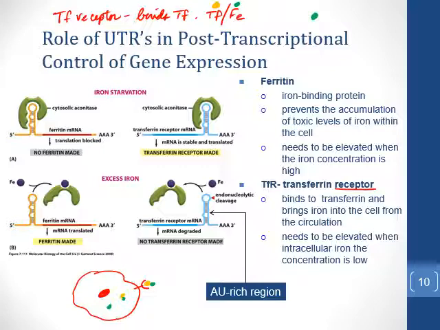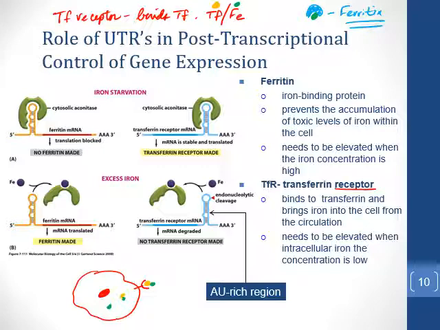Let's use this light blue thing here. This light blue protein is ferritin. Ferritin is an iron storage protein. So ferritin is going to bind iron, sequester iron, and it keeps iron from damaging the cell. So if you've got too much iron, then you want to upregulate the amount of ferritin that you have.